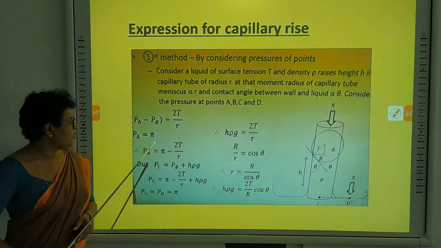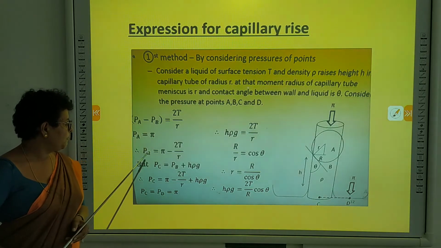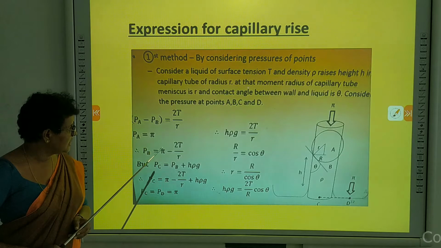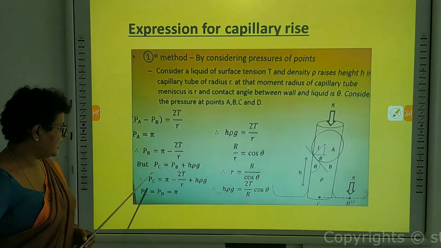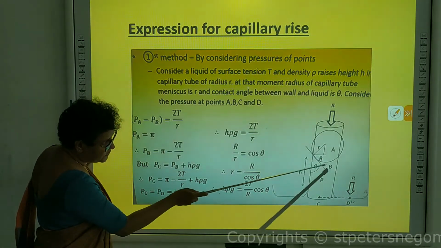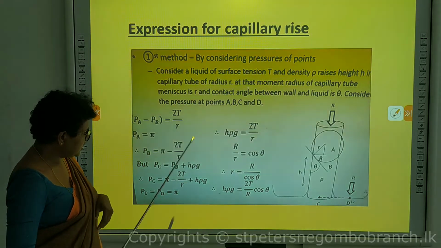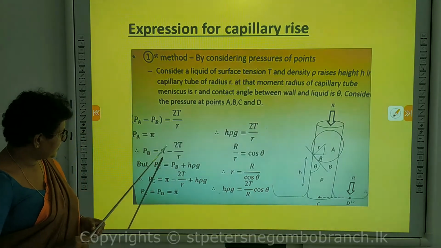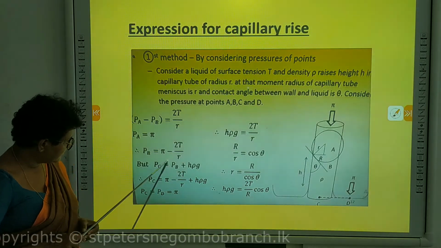PA is the atmospheric pressure, so PB equals P0 minus 2T over r. But PC equals PB plus h rho g, so we can substitute from this equation.